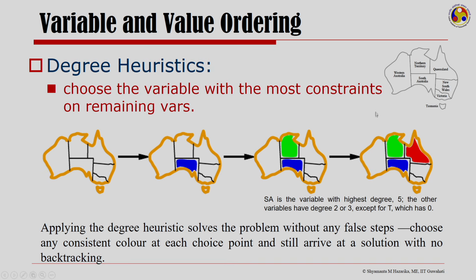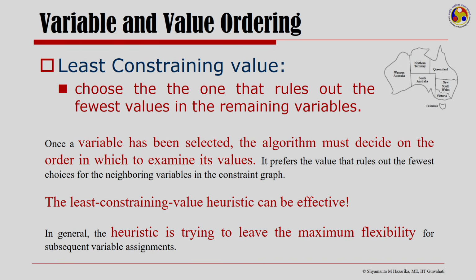These two heuristics that we have discussed are looking at which variable to select, but once a variable is selected, the algorithm must decide on the order in which to examine the values of the variable. This is where the least constraining value heuristic comes into play.